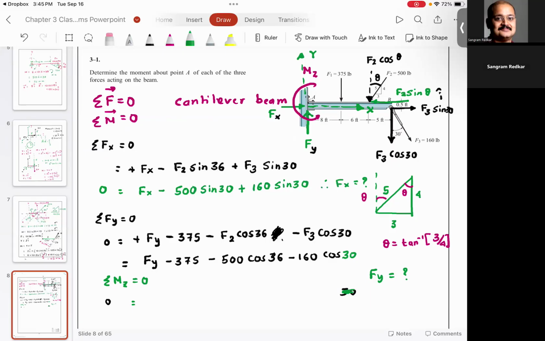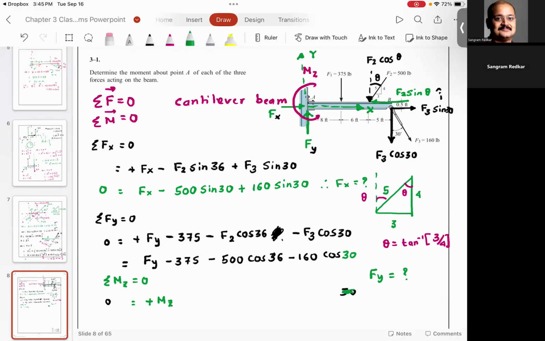Curl your fingers in the direction of the moment. Thumb is pointing towards the positive z axis. So this reaction moment is positive. So this reaction moment is plus Mz. Now look at the moment that is given by the force F1. Force F1 is going down.